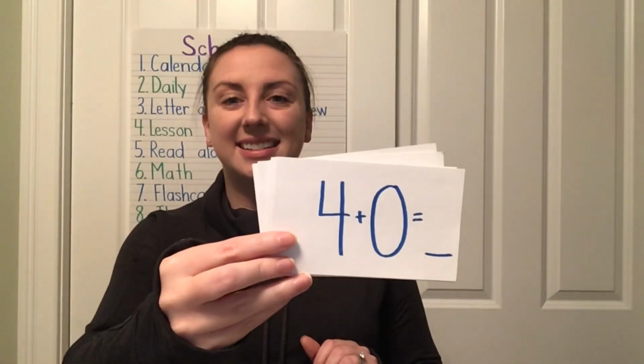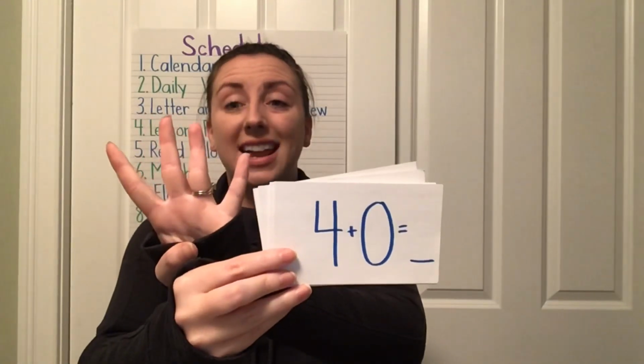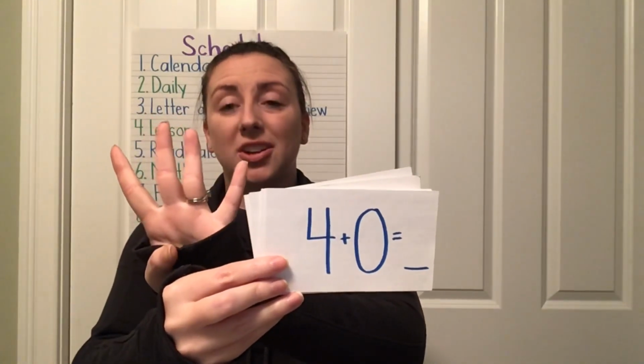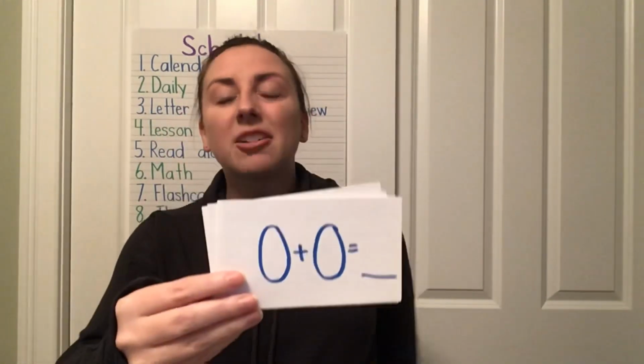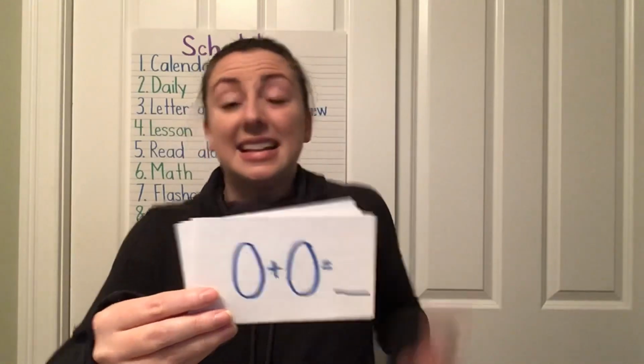4 plus 0 equals 4. You start with 4 and then you add 0 more, so your answer is still 4. 0 plus 0 equals 0.